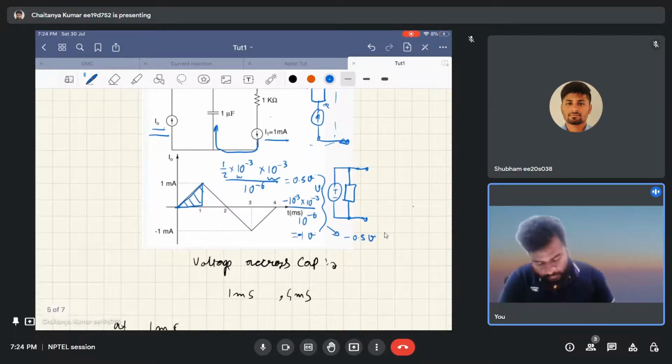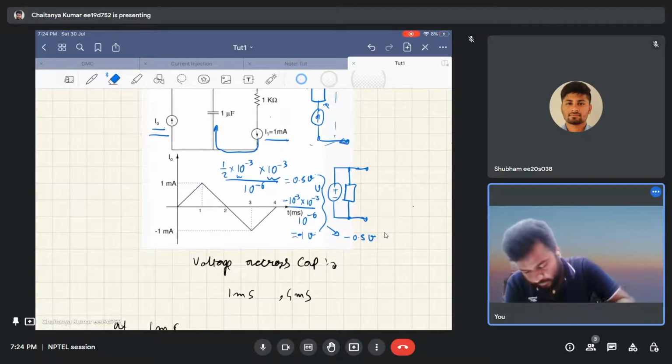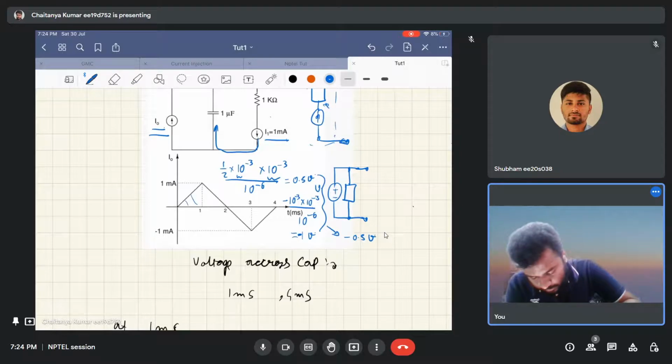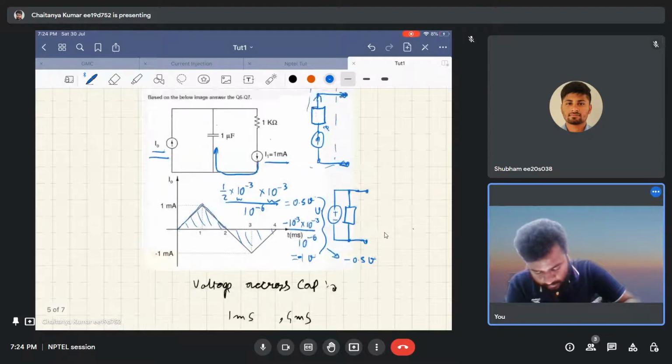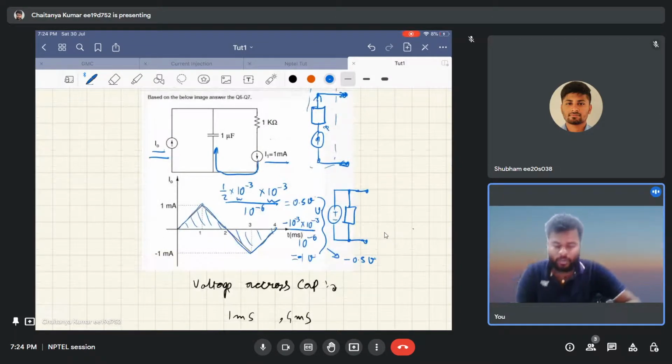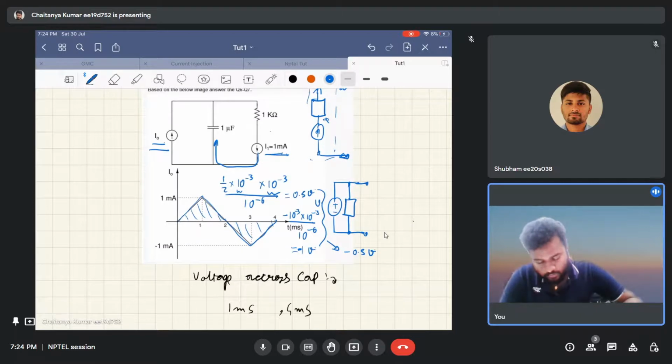Now for 4 milliseconds, the overall contribution due to I naught becomes 0, as the area above the time axis and below the time axis are equal. Hence it becomes 0, and the only contribution will remain due to the DC current source of 1 milliampere.